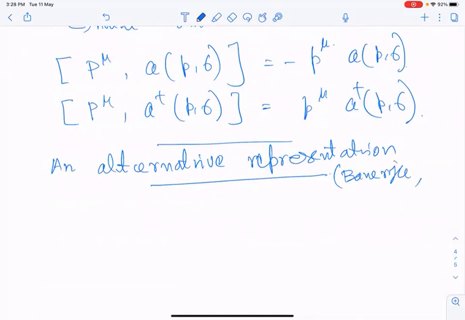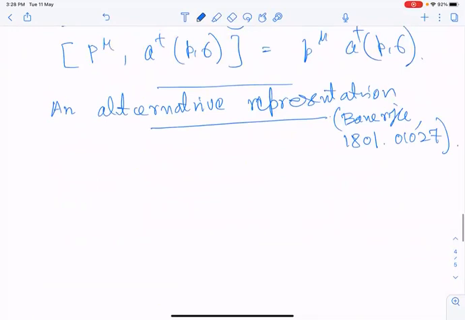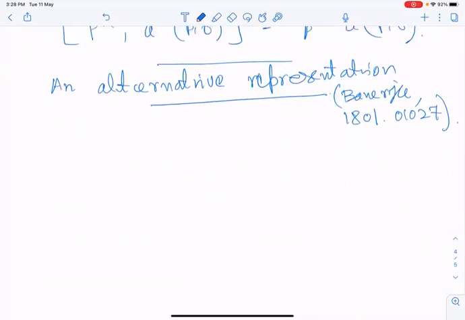For more details, see this. What we do is the following: we start with this primary operator.